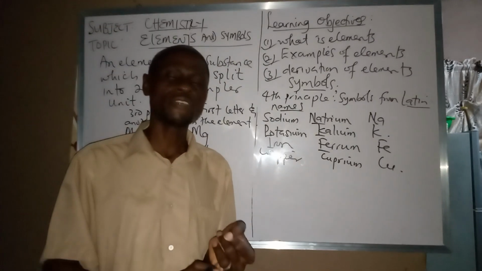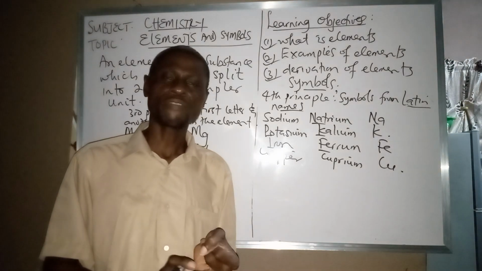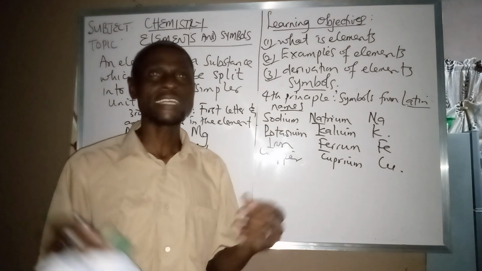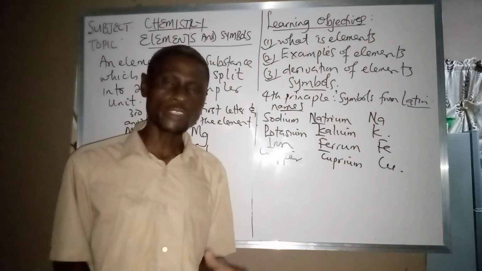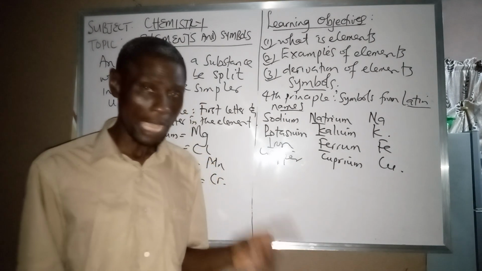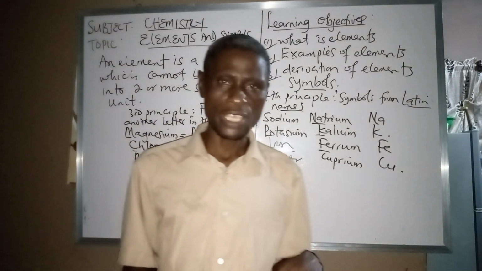The first set, the first letter; the second set, the first two letters; the third category, the first letter and then another letter inside the element; and then the fourth principle, you look at the Latin name and get the symbol from the Latin name. I repeat, no two elements have the same symbol.